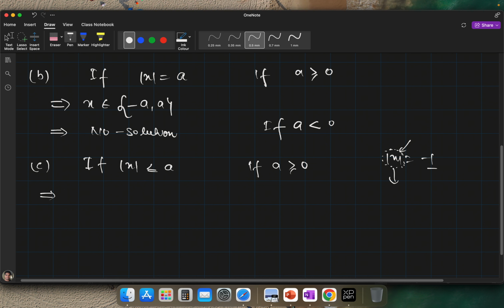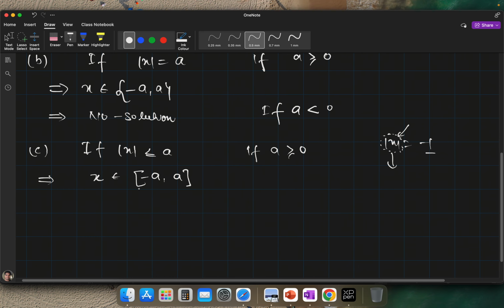Earlier there was an equal sign, so the solution was just some numbers. Here the solution will be a set, which means there will be an infinite number of solutions. If a is greater than or equal to 0, then the solution will be x belongs to minus a to plus a.